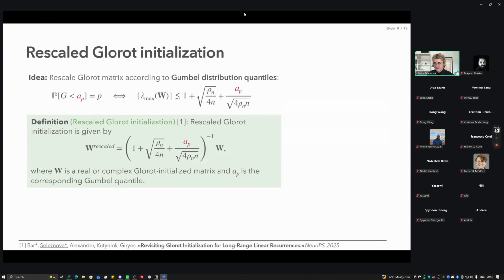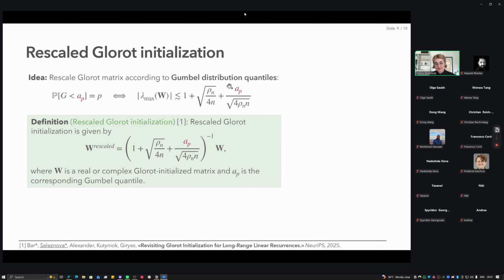Based on this theoretical understanding of why Glorot actually explodes in practice, we can also directly come up with a principled way to rescale Glorot initialization to ensure that it doesn't explode. You remember that the spectral radius, according to our theorem from the beginning, is a Gumbel variable. So we can just rescale our Glorot initialization based on Gumbel quantiles. Suppose a_p is a p quantile of the Gumbel distribution; it gives us a rough upper bound on the spectral radius for large weight matrices.